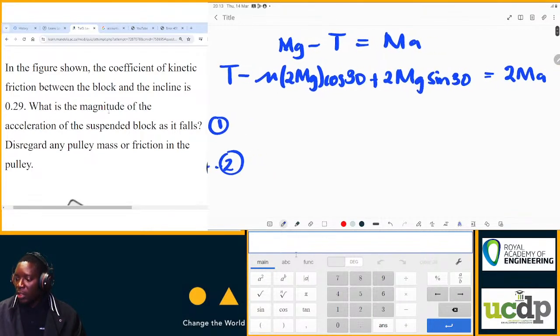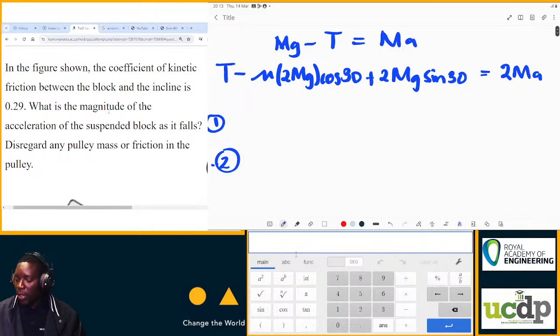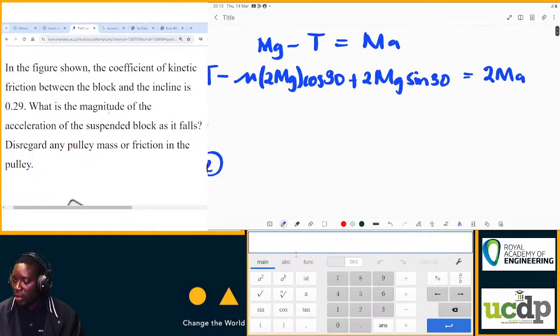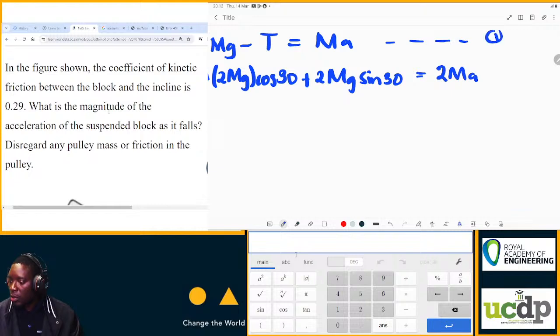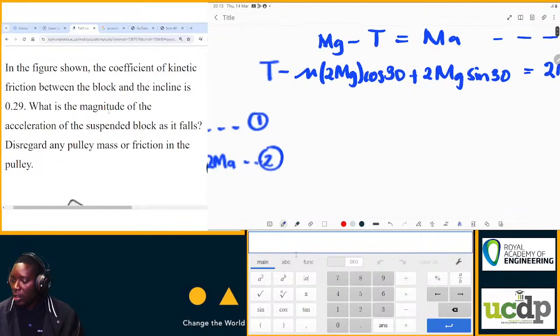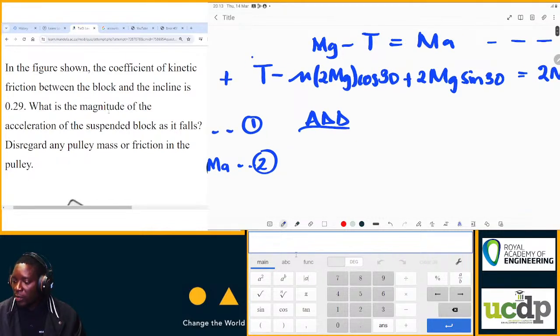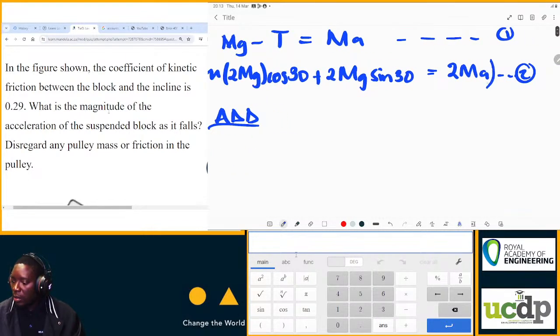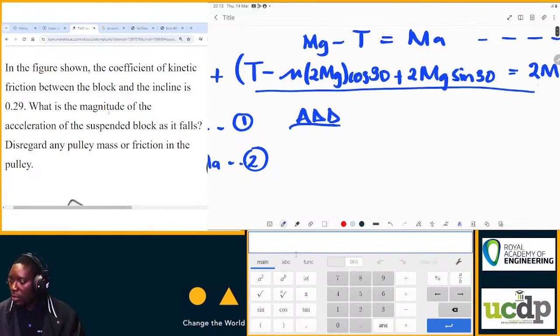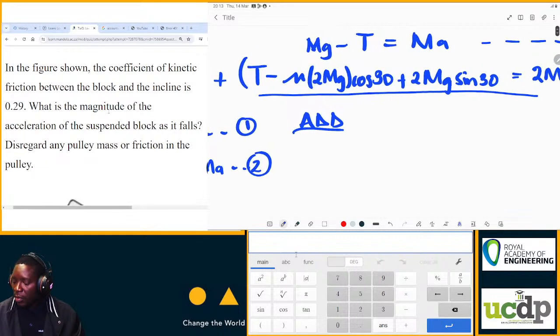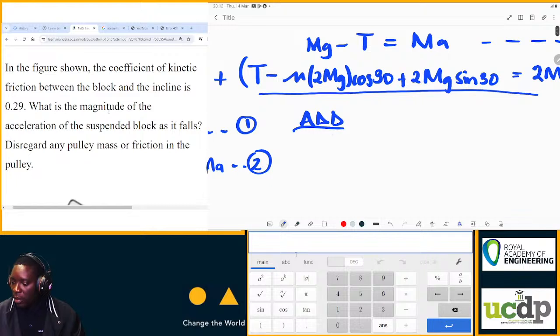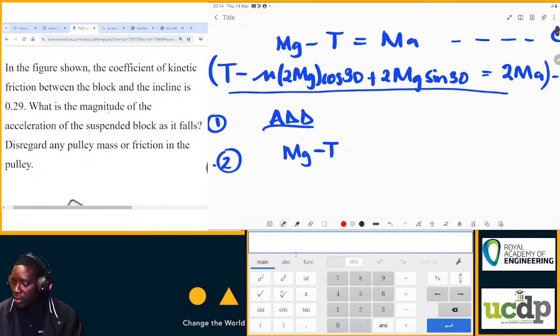So those are the equations that we have, and what we can do is add equation 1 and equation 2. If we add the two, what it simply means is we get a sum of these. I'm dealing with the left hand side first.